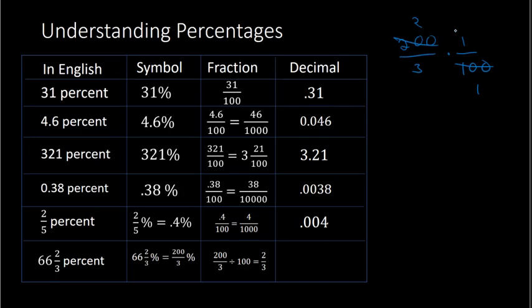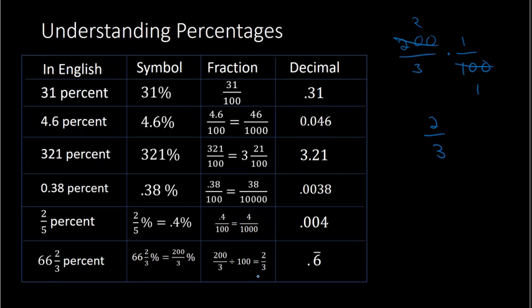So now I have 2 times 1 on the top, which is 2, and then 3 times 1, which is 3 on the bottom. So my fraction is 2 over 3. And then as a decimal, 2 over 3 would be 0.6 repeating, and that is one you should have memorized.